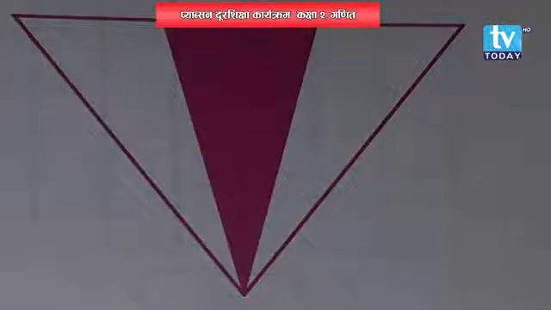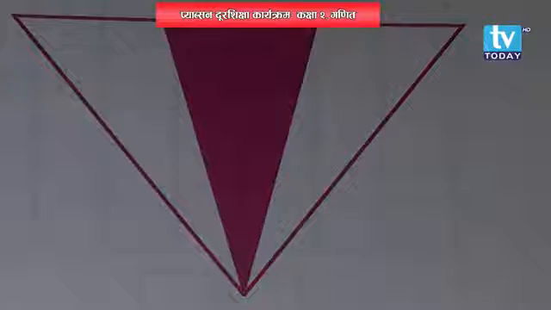What is the first picture? See here, what is the first picture given over here? It's a triangle, right? So can you tell me, students, in this triangle how many parts are there? 3 parts, right? Out of 3 parts, how many parts are shaded over there? 1 part.